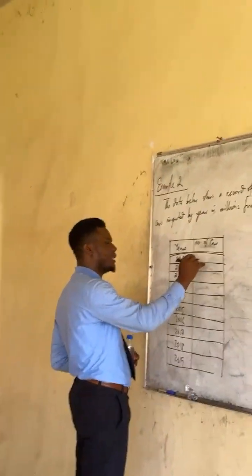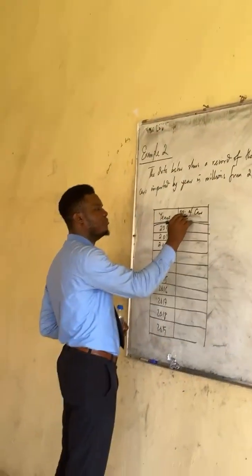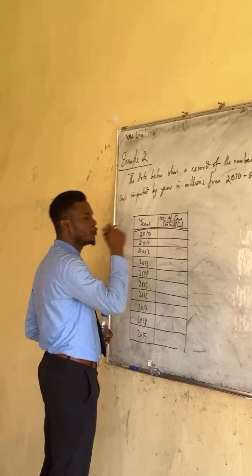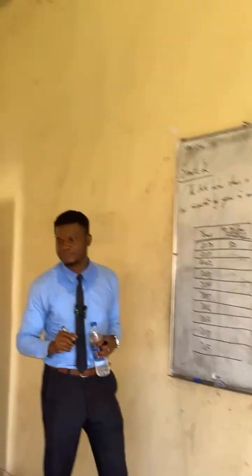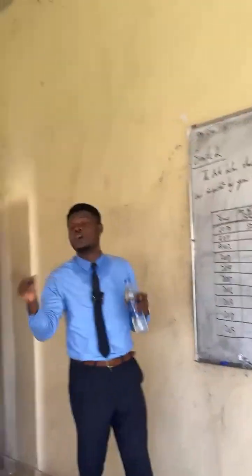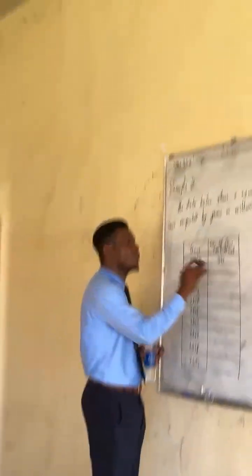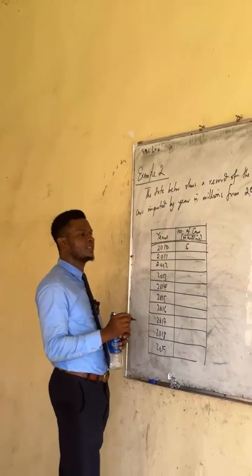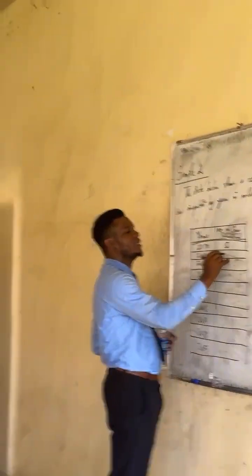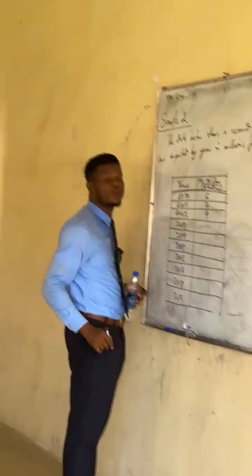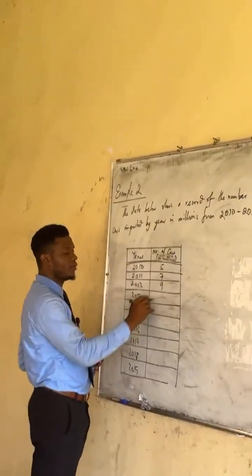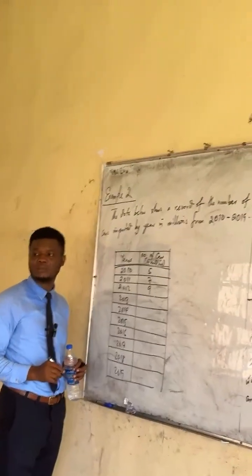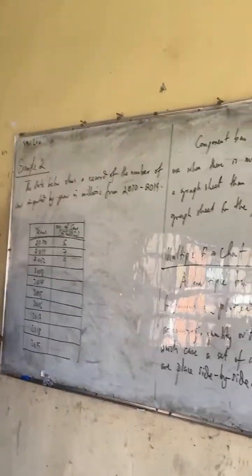Now let's assume that we had in millions. Now I'm going to put in millions here so that we don't put too much value. So I'm going to put here, let's put here 50,000 cars. So when you see 50 million cars, I'm just giving an instance. Or should we, let's put 5. Then in 2011, 7 million cars were imported. In 2012, it rose to 9 million cars imported in that year. In 2013, we had, when did Buhari take over? 2014.